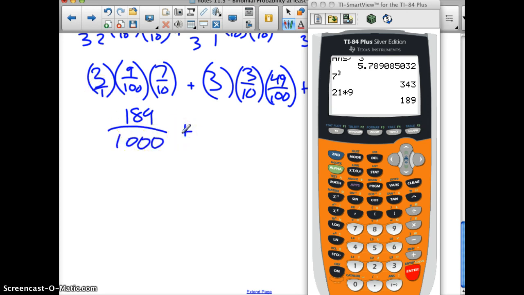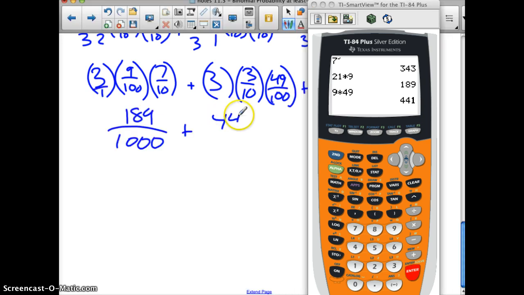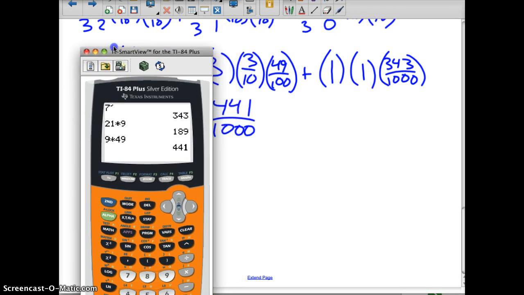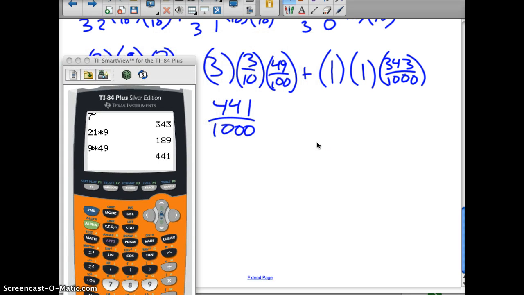All right, now I need 3 times 3 times 49. 3 times 3 is 9. 9 times 49 is 441 over 1,000. And then this last one, really pretty easy because I'm just multiplying by 1 a bunch of times.